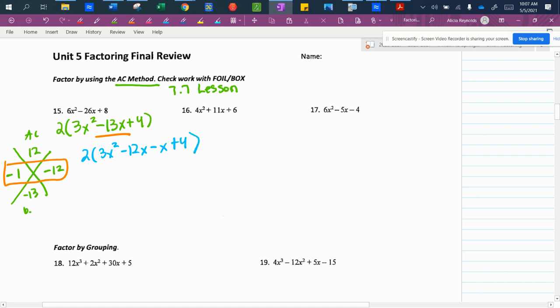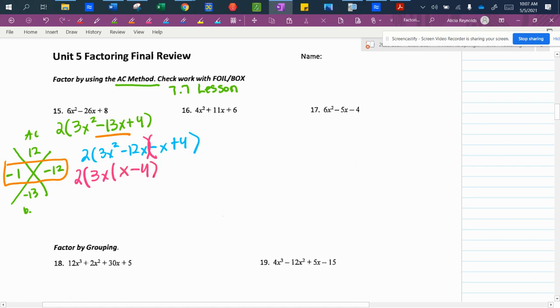Now I have 4 terms, I need to factor by grouping. So I'm going to separate in the middle here. Looking at just this first group, don't forget to bring down the 2. The GCF of my first 2 terms is 3x, and I'm left with x minus 4.